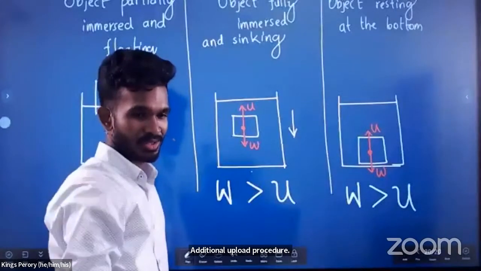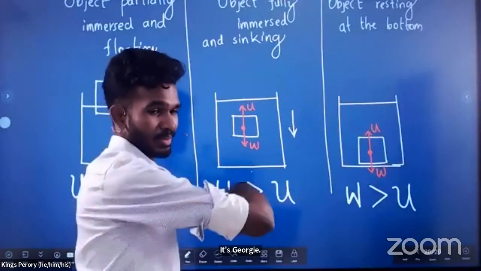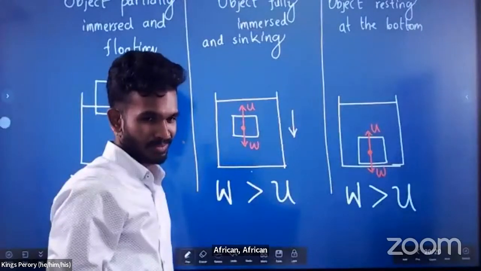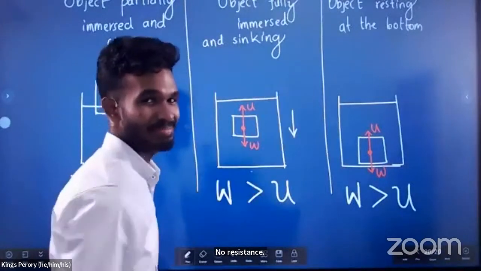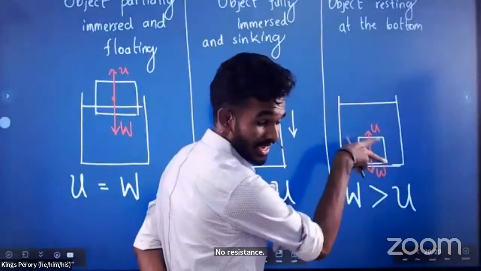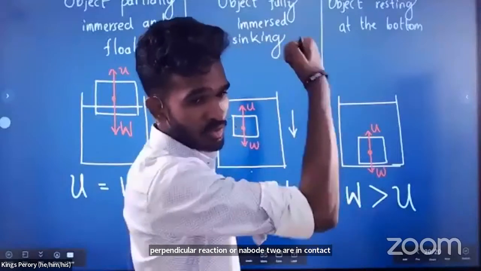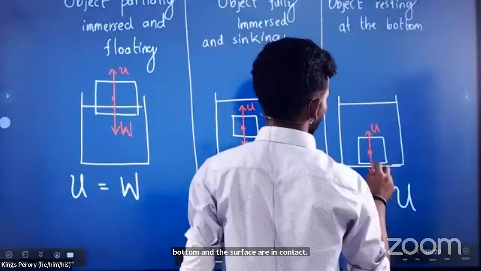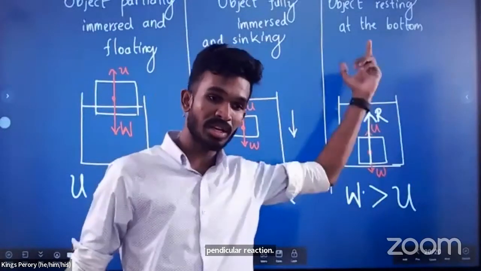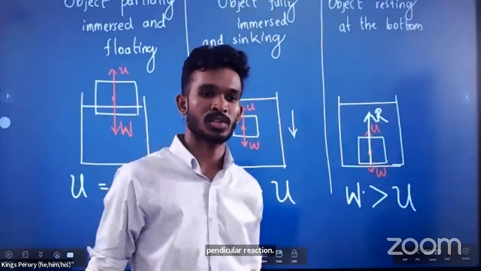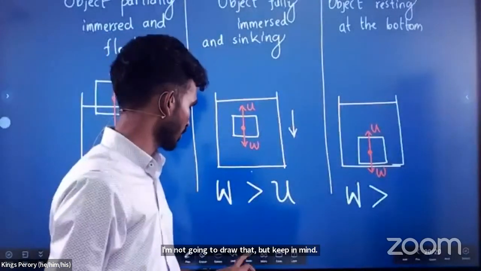Friction, resistance, gravitational force, perpendicular reaction. The bottom and the surface are in contact. At a contact point, what is the upward force? Perpendicular reaction. So to balance the additional weight, you have the reaction force acting.